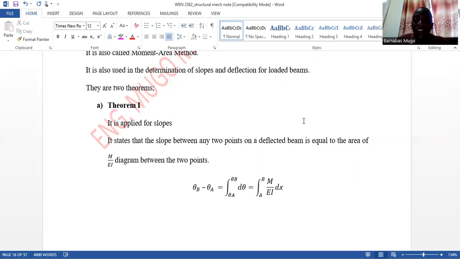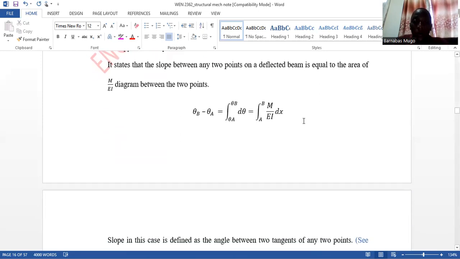Theorem 1 states that when you have 2 points on a deflected beam, the area that you can calculate between the two sections is going to give me the slope of that section.